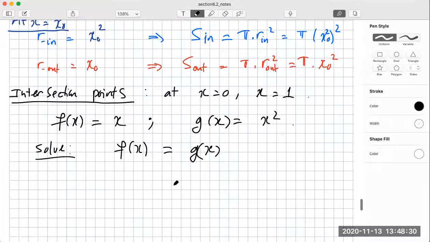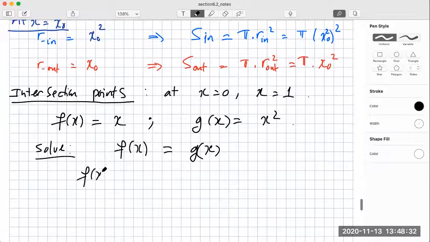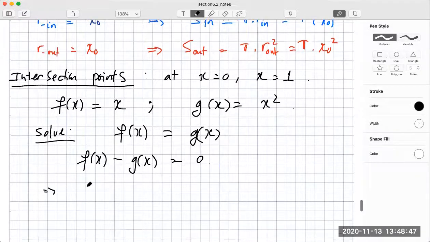Or the same thing, f of x minus g of x is equal to 0. So in this case, f of x is x, so we substitute this here. And what is g of x here? We need to solve this to find the intersection point.